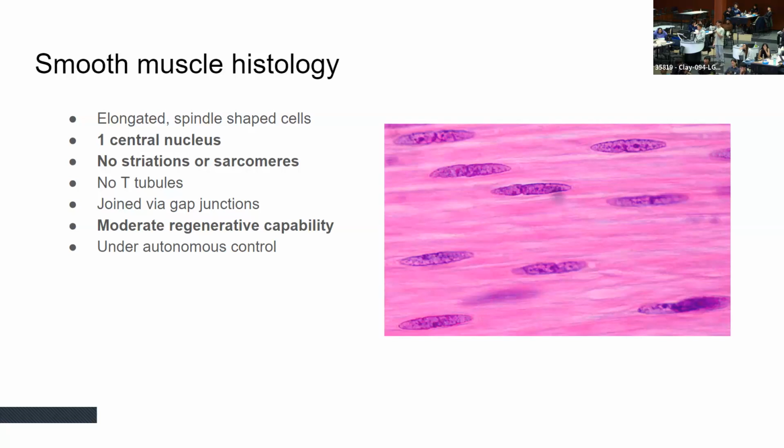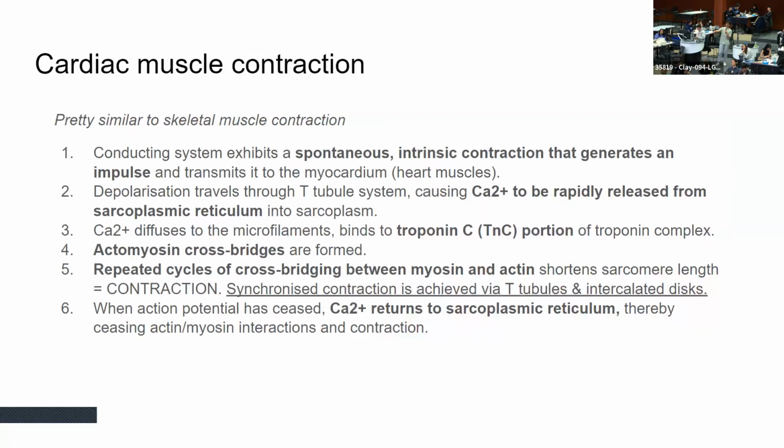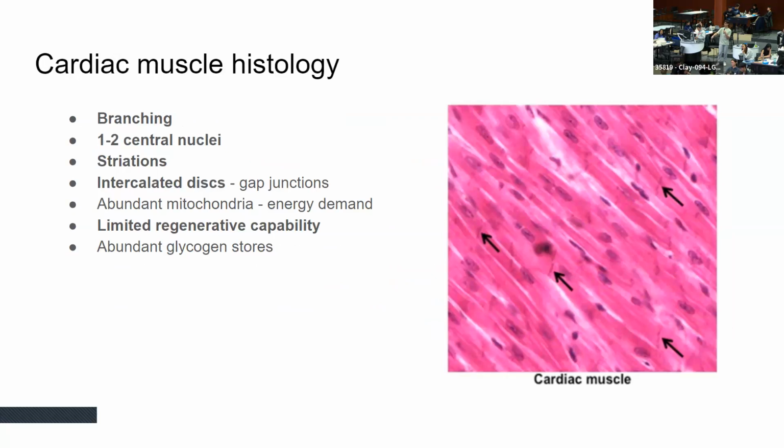It's got one central nucleus, and it's got no striations or sarcomeres. It's kind of disjunct, it's got no T tubules, and they are joining via gap junctions. They have moderate regenerative capacity, and they are under autonomous control. So if you think about where you find smooth muscle, it's stuff like your gut, where you don't really think about it.